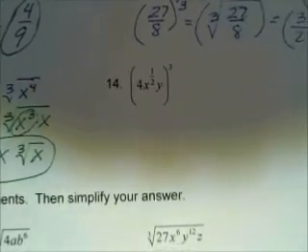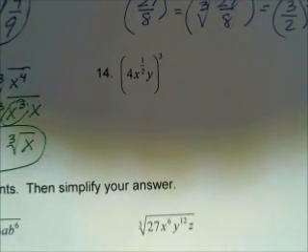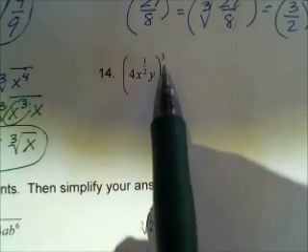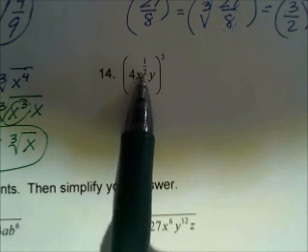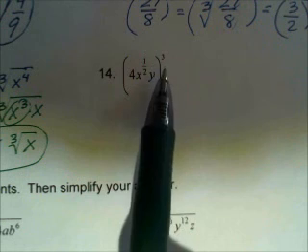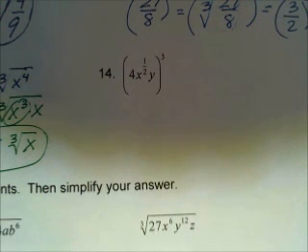Number 14. 4x to the 1/2, y, raised to the power of 3. We don't have a fractional exponent here. So the only fractional exponent is with the x. So this is a product raised to a power.